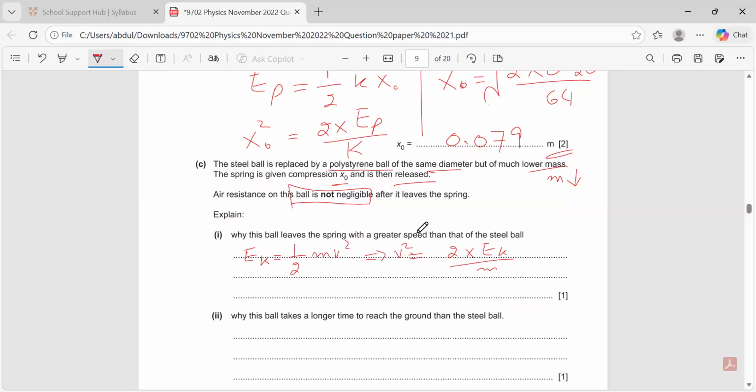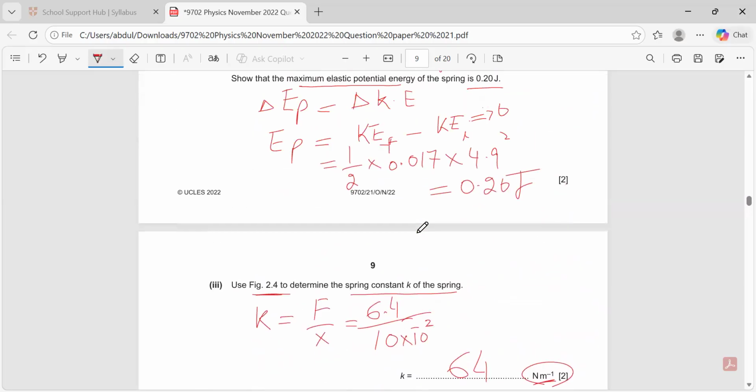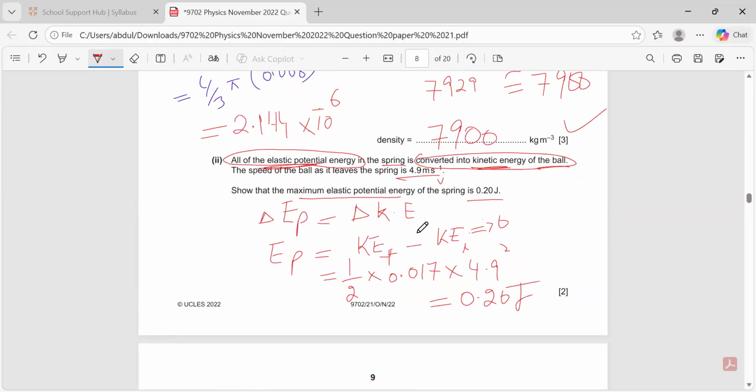See, extension is same, diameter same, so elastic potential energy will be same. See here, there is spring constant k, and x is same, so elastic potential energy is same. If the loss in elastic potential energy is same, then kinetic energy is also same. Please, I want attention from you people.